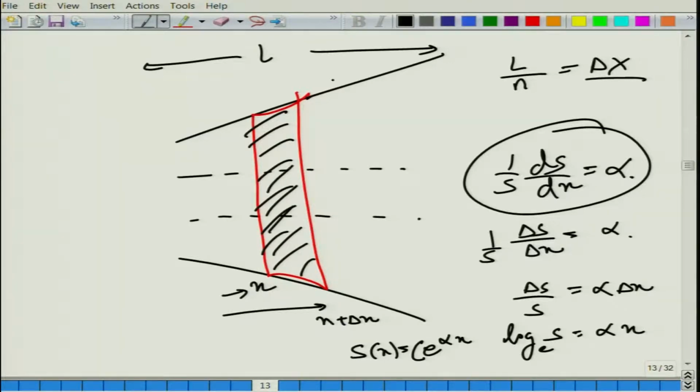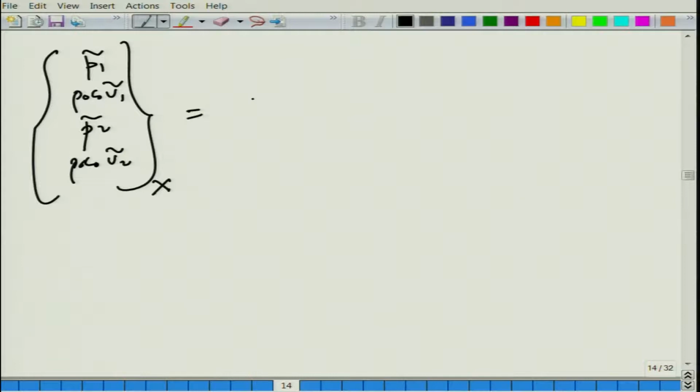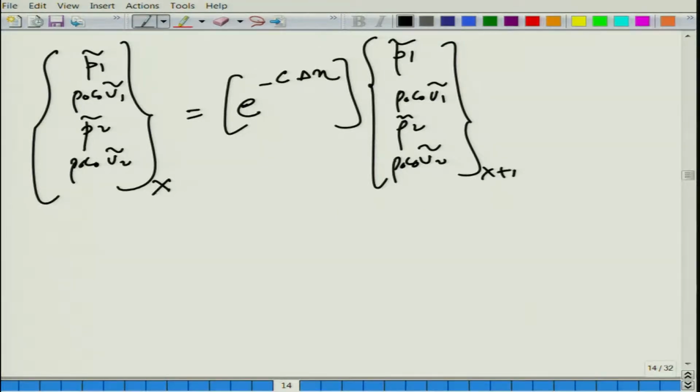So, the idea is that over such a small segment you would go with P1 rho naught C naught U1 tilde, P2 rho naught C naught U2 tilde at x is equal to e to the power minus c into delta x, and this would become P1 rho naught C naught U1, P2 rho naught C naught U2 at x plus delta x.